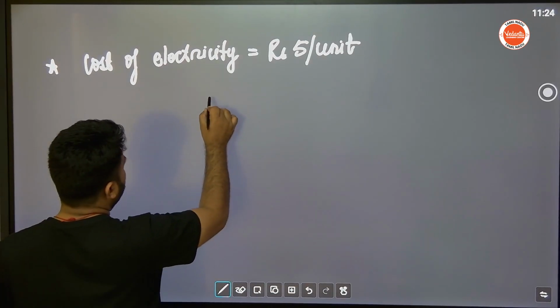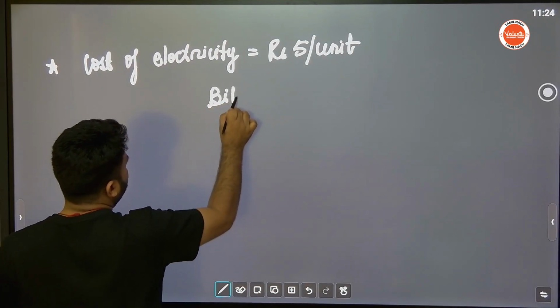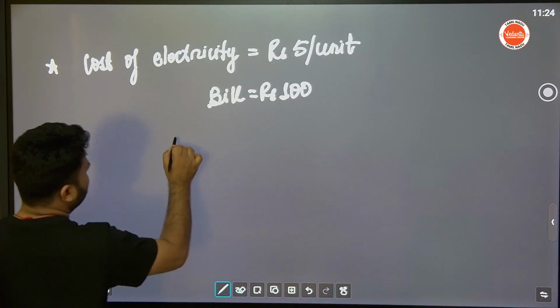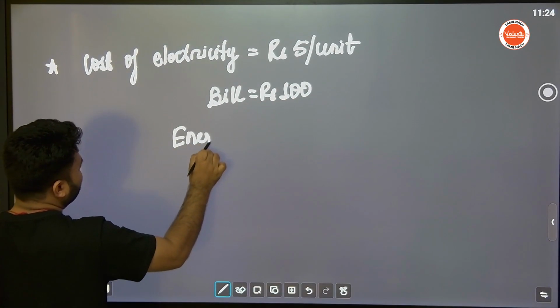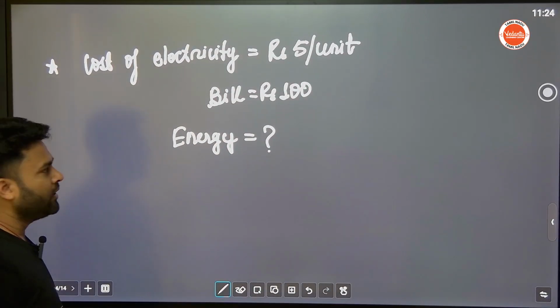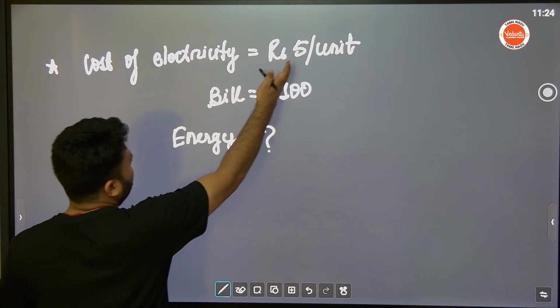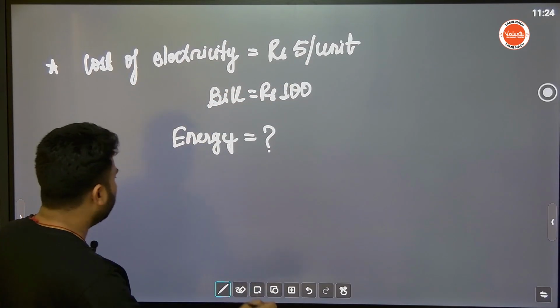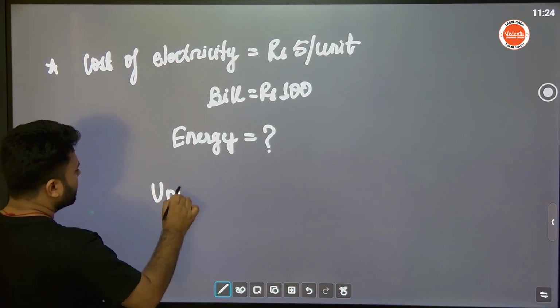But tell me, suppose your bill is generated and the bill comes out to be rupees 100. Then how much energy have you utilized? So the bill is 100, the cost of electricity is 5 per unit. So how many units have you consumed?